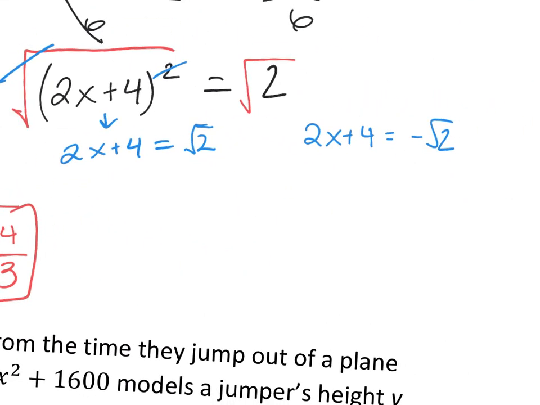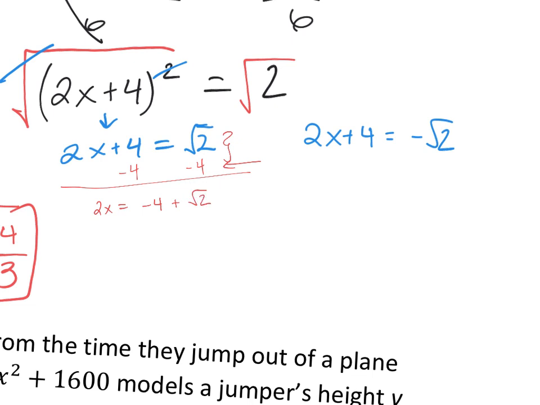Same thing that we were doing on the problem above. The first step I need to take to get x by itself is to subtract 4 from each side. Now, remember, these are not like terms, so they cannot be combined, and you always want to put the number first. So 2x equals negative 4 plus the square root of 2.